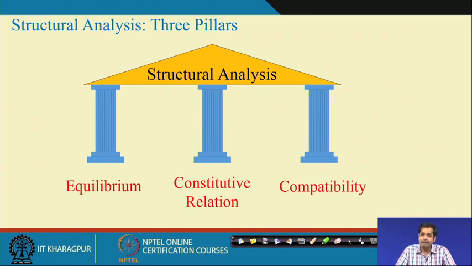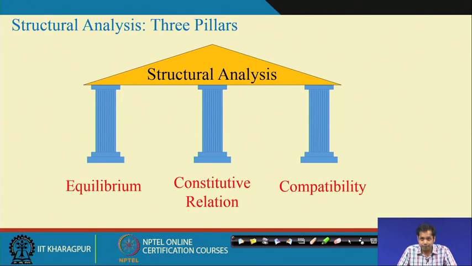Compatibility concerns, when a structure undergoes deformation, how the deformation at a particular point is related to the deformation at other points of the structure, and whether the boundary conditions given to the structure are being satisfied or not. That is what we call compatibility.